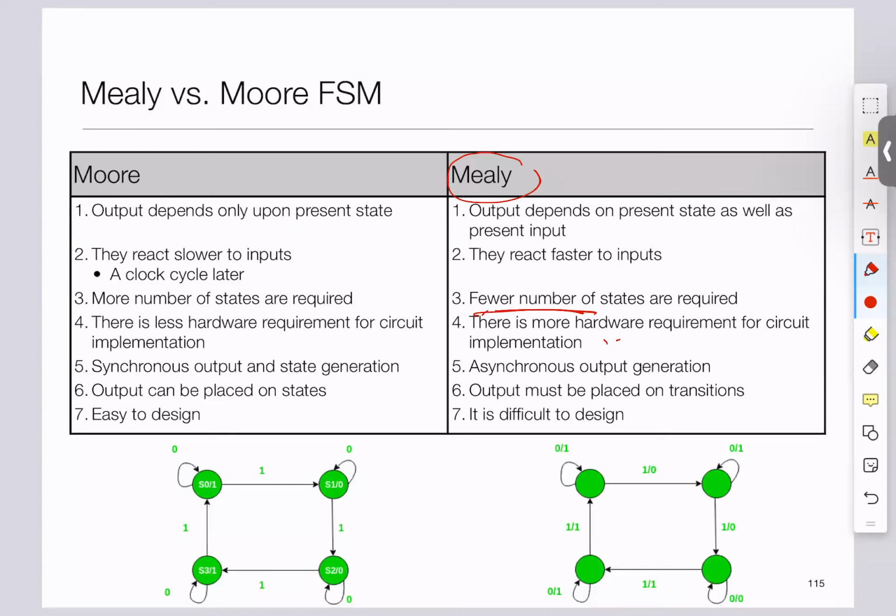So Mealy versus Moore is a tough call. If you are in the software world, probably the difference doesn't matter as much, but in the hardware world, things do matter. There are ways in which you can go from Mealy to Moore, and from Moore to Mealy.